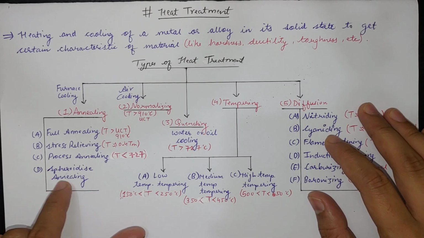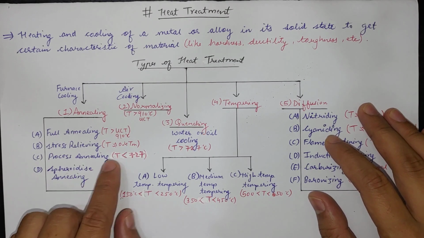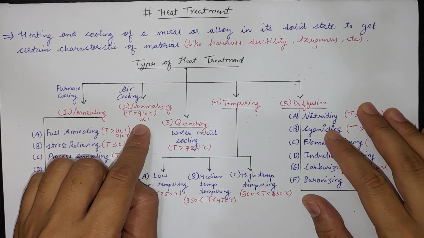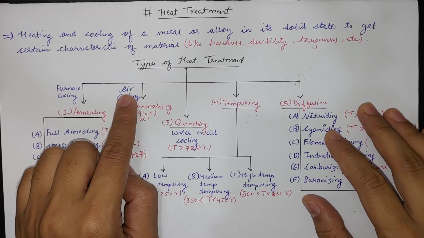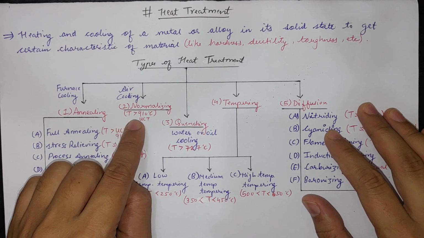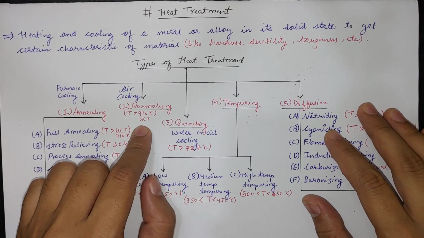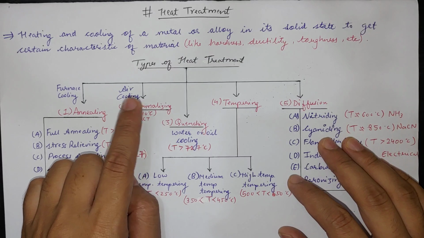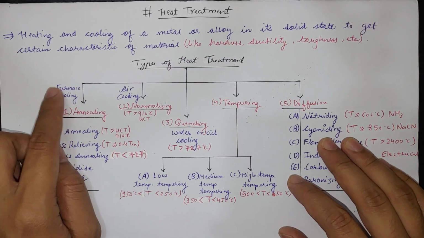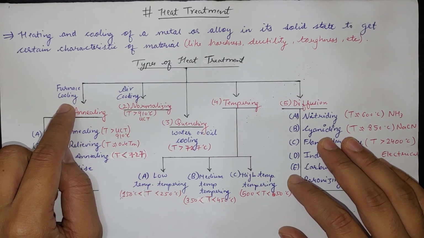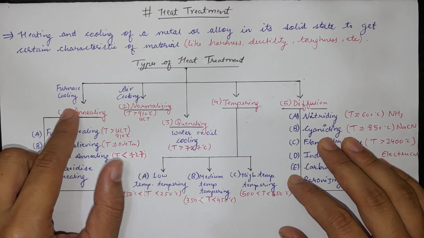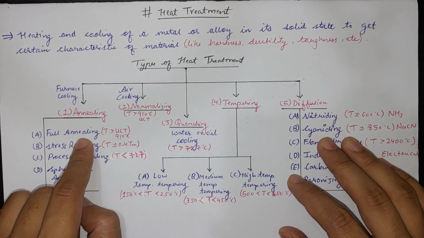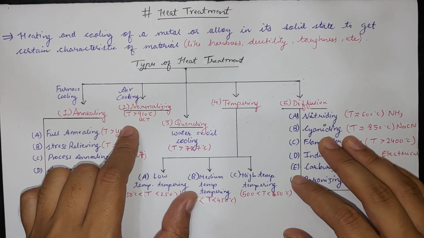In normalizing, we cool the material in air, but first we heat the material above 910 degrees Celsius, which is the upper critical temperature. We get more ductility in annealing because it is furnace cooling. It is very slow cooling by controlling the temperature in the furnace. So the annealing process has more ductility than the normalizing process.